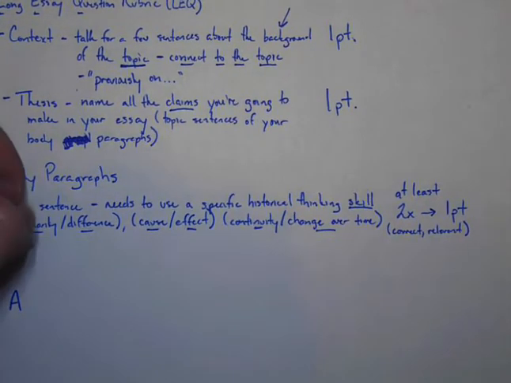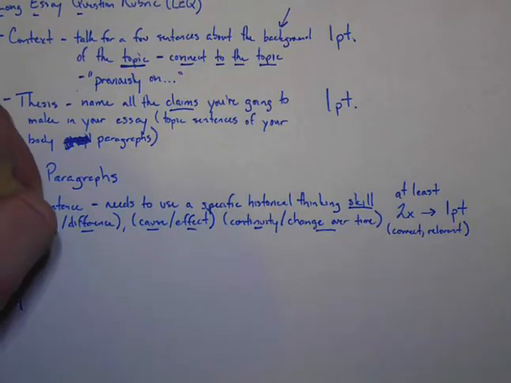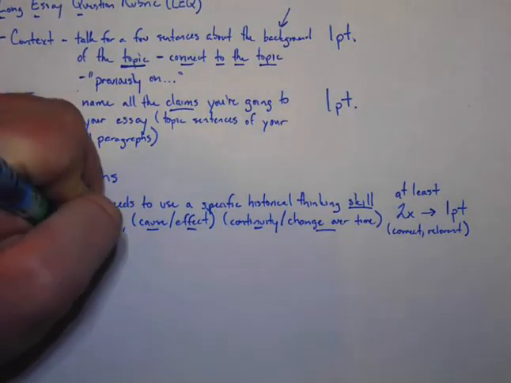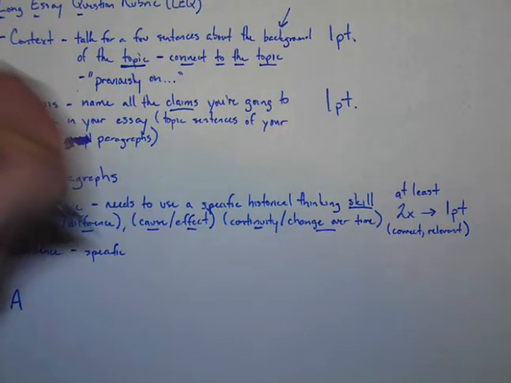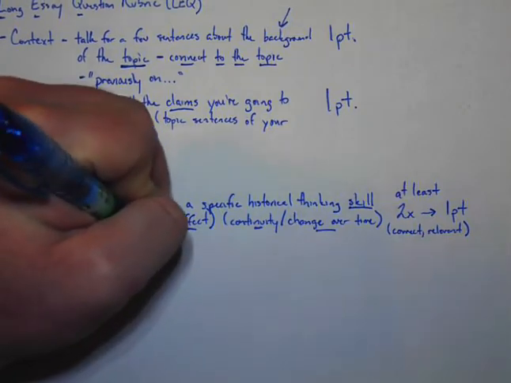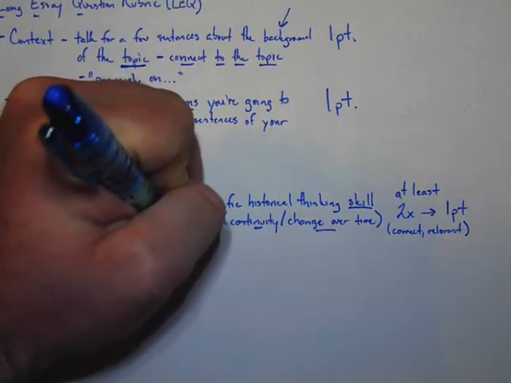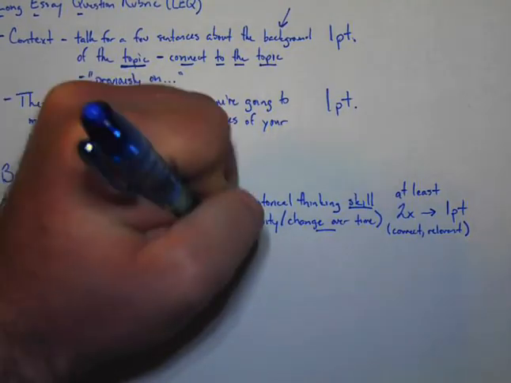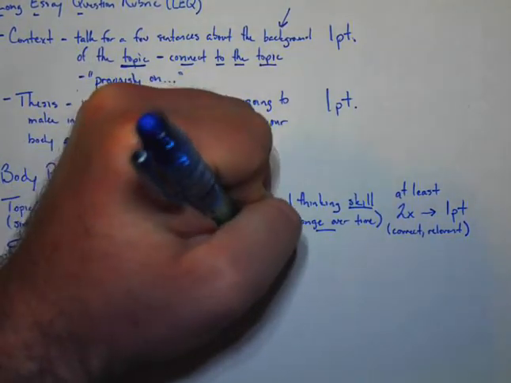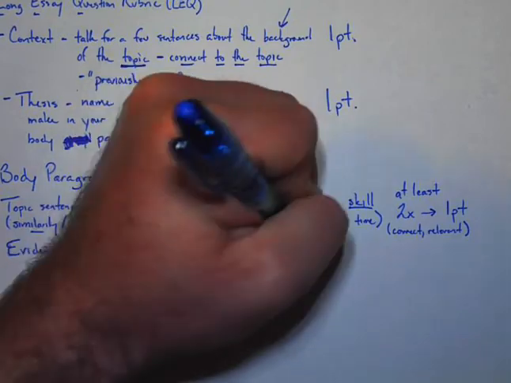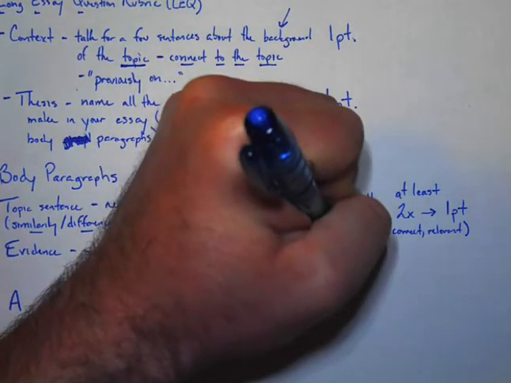The next point is for evidence. These are specific named things that support the claim you just made.